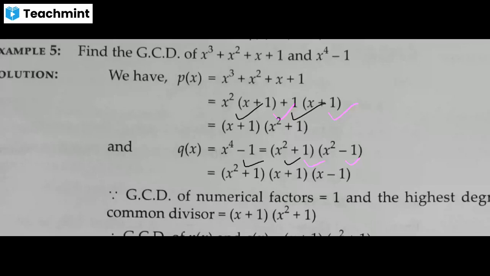For example, 2 into 3 can be written as 3 into 2. So there is nothing wrong in writing any one first. The main idea is how to write the GCD. GCD is those factors which are common.